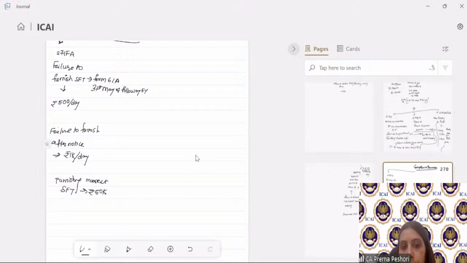Is that clear? So these are the penalties for the statement of financial transaction. Any doubt? Any doubt till now? This is under 285BA. The statement of financial transaction has to be furnished. Clear?